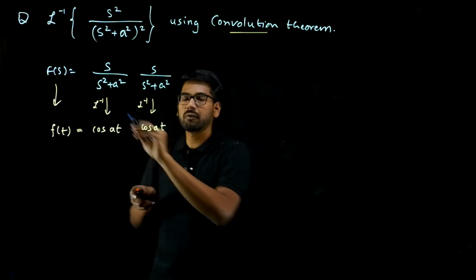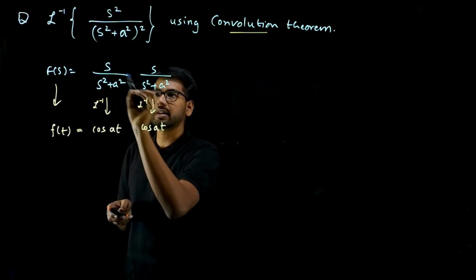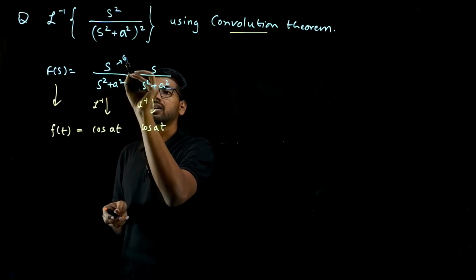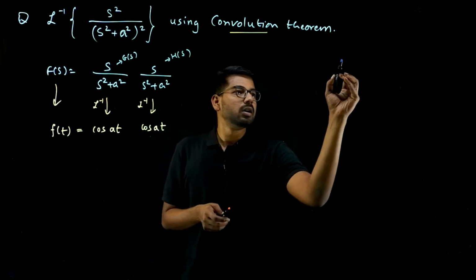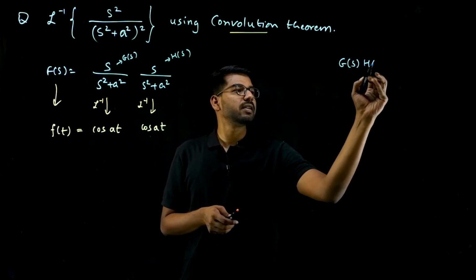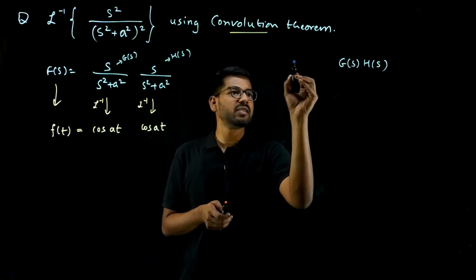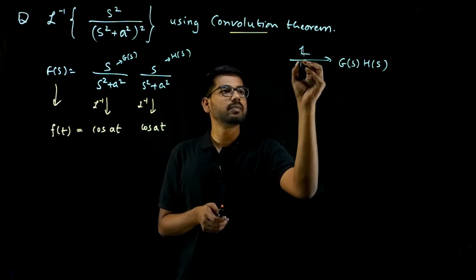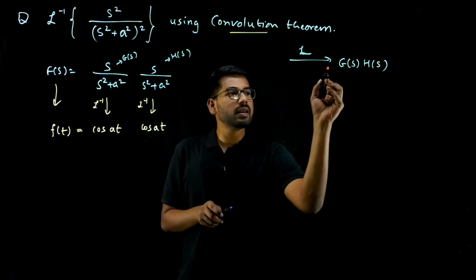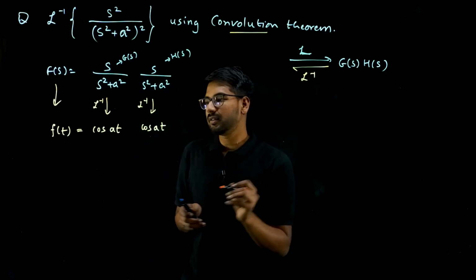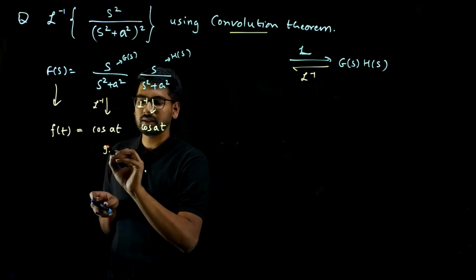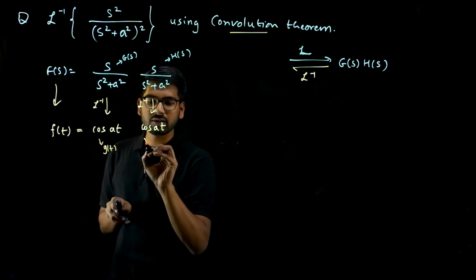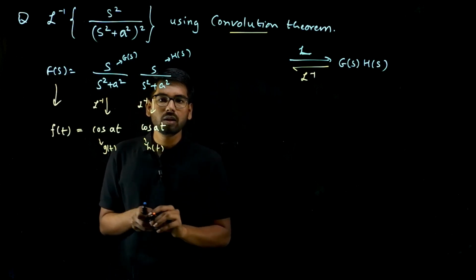So if you have F(s), there are two functions, right? I'll call one function G(s) and the other H(s). If I have G(s) times H(s) in the Laplace domain, what is the inverse Laplace transform of this? If this is G(s), this is g(t), and this is h(t).